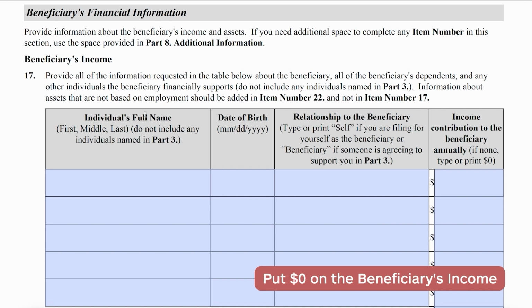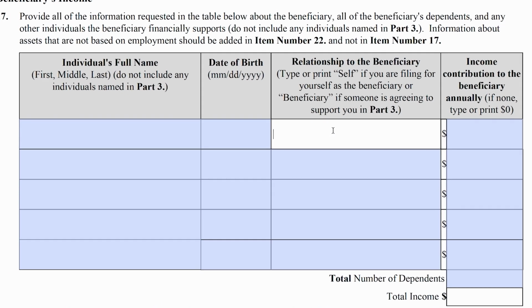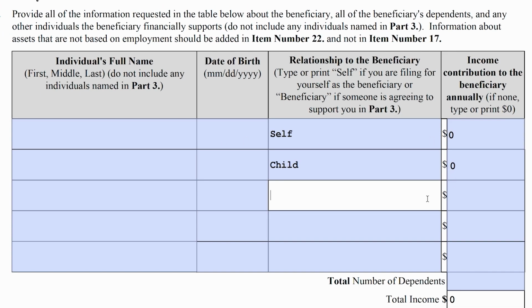Again, there's going to be some fringe cases where that's not the situation, but most people are going to be putting zero. And then if the beneficiary has a child that's accompanying them, they will also list the child there and most likely also put zero. So self would be typed for the beneficiary here on the top line, zero as we discussed, and then maybe child will be included with all this information here and then zero over there.